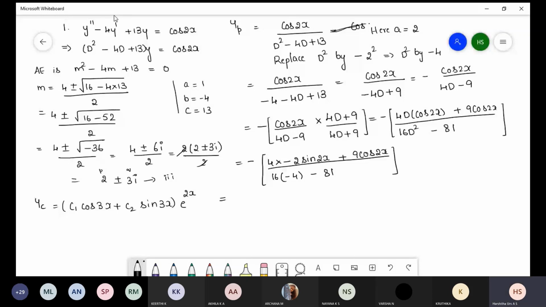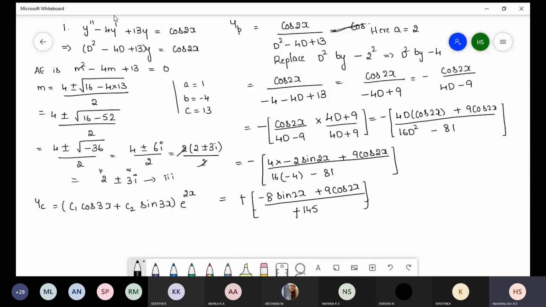Minus 8 sin 2x plus 9 cos 2x divided by, in the denominator, 64 minus 81, which is minus 145.